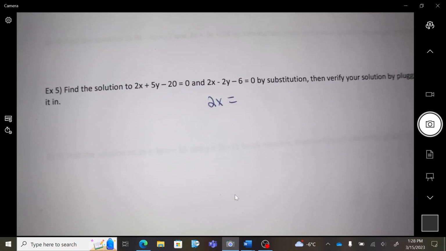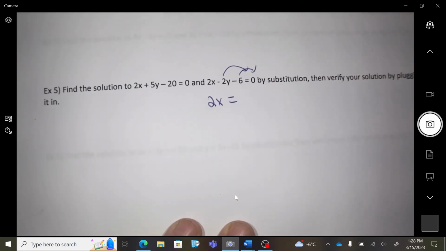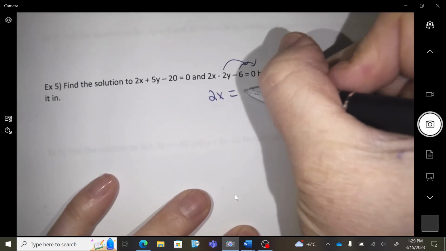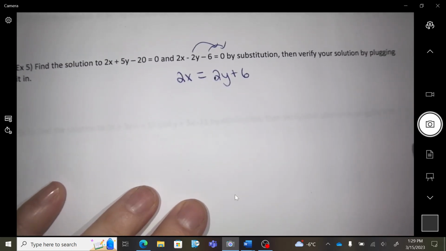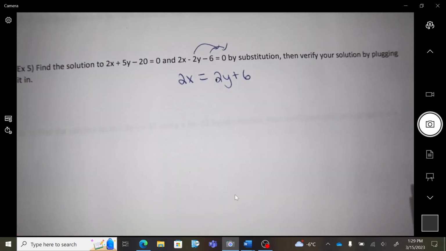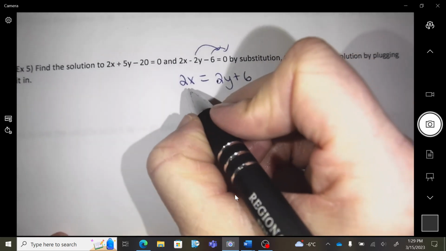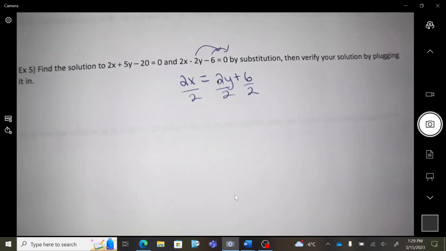2x equals, move. So if you want 2x, you got to move everything over, right? So there's my trying to isolate x, and then I still have to divide everything.